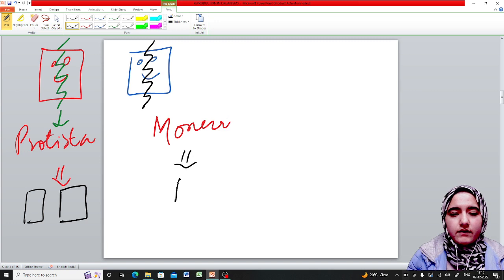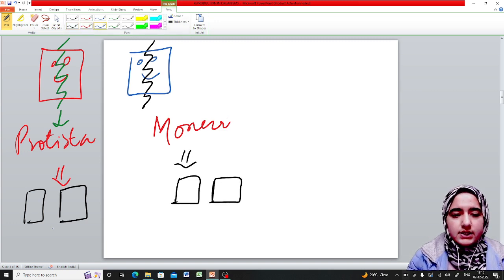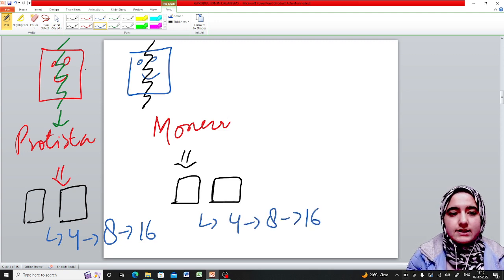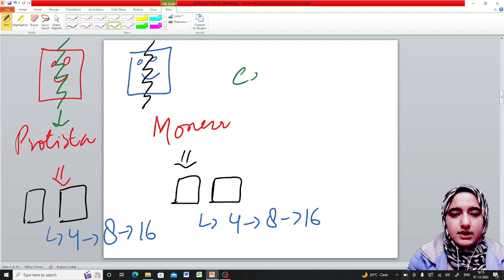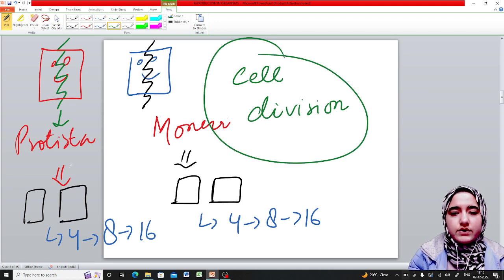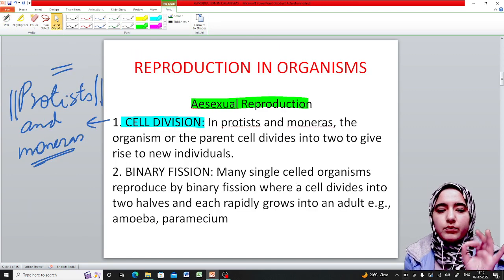Similarly, this monera will give rise to two offspring, 1 and 2. Further, these two will give rise to 4, then 8, then 16, then 32. Similarly it will happen in monera. This means the mode of reproduction here is simply cell division. I hope this concept is clear, and this cell division takes place in protists and monera.